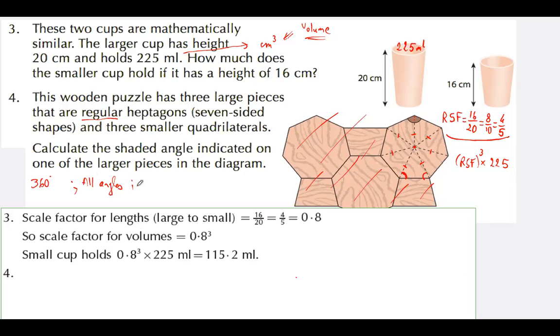They add to 180. Because we've got 7 shapes here, sharing 360 degrees, each of them will have how many degrees here? 360 divided by 7. 51.43.